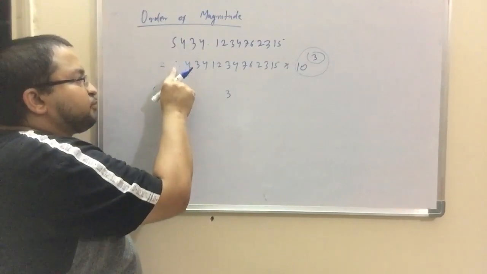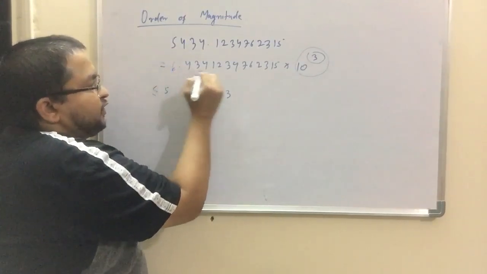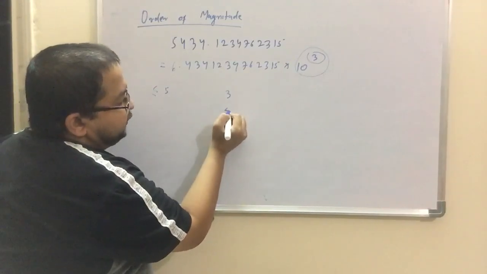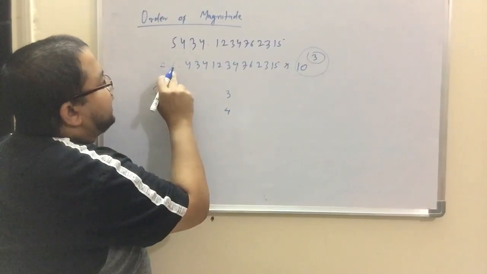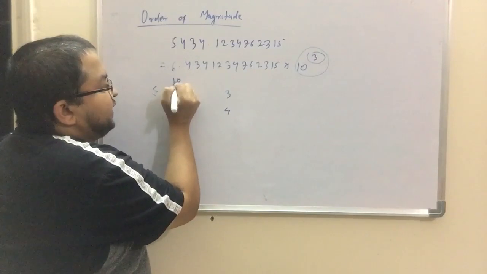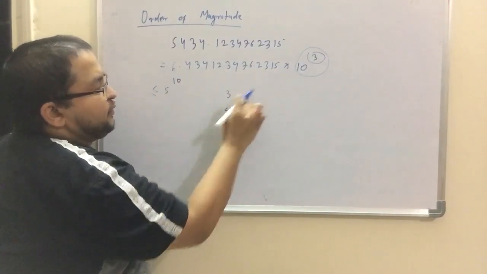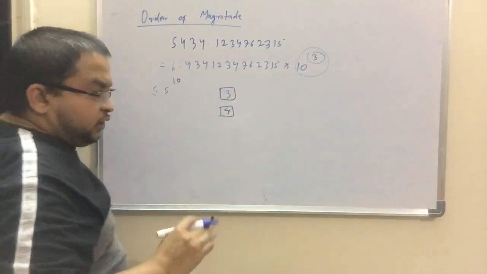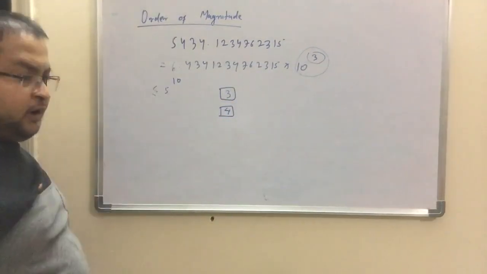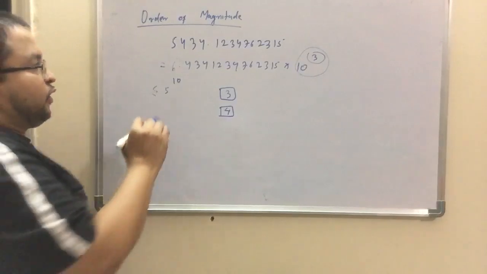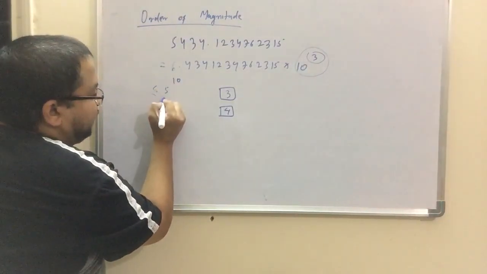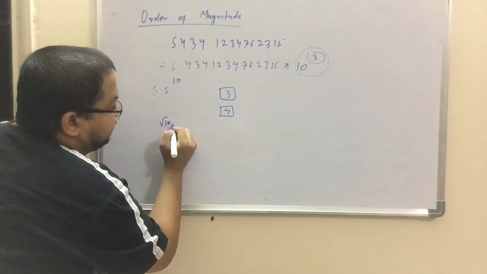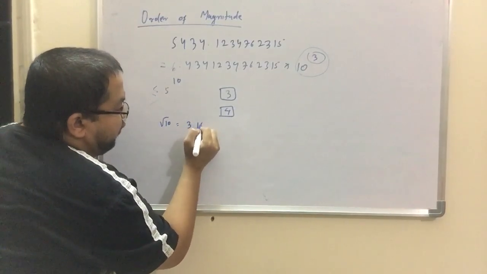Similarly, had the number been 6 point something something something, I would have said the order of magnitude is 4, because this quantity we replace by 10, and 10 into 10 to the power 3 will be 10 to the power 4. So we say order of magnitude as 4. Now there are some authors where we have a difference of opinion on whether we should be contrasting it with 5 or with root over 10, which is approximately equal to 3.16.